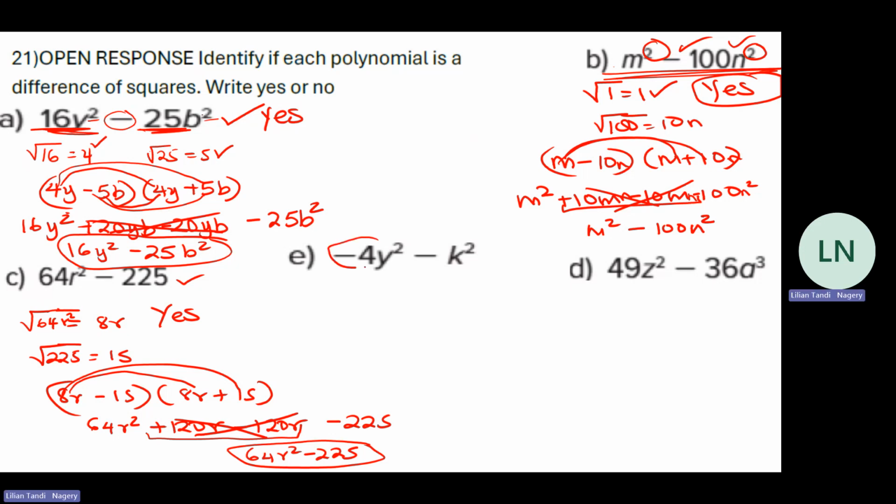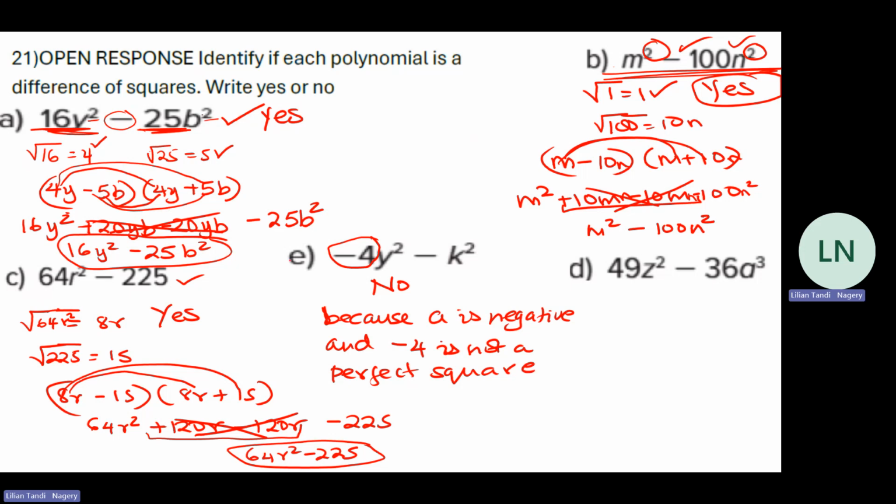Now, you cannot find the square root of a negative number. So that one is definitely no, because a is negative and we cannot find the square root of it, and negative 4 is not a perfect square.